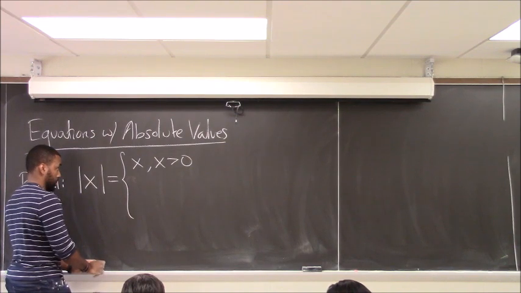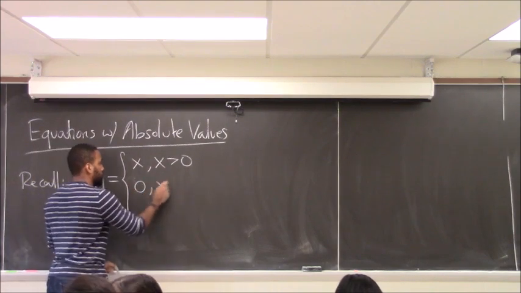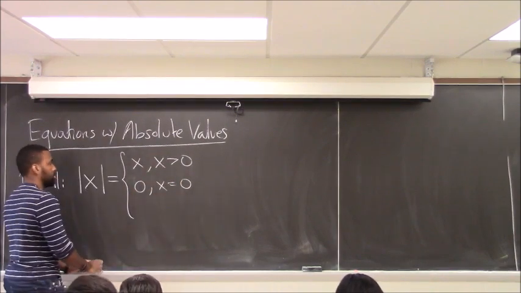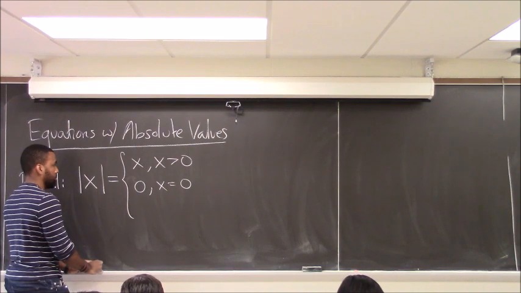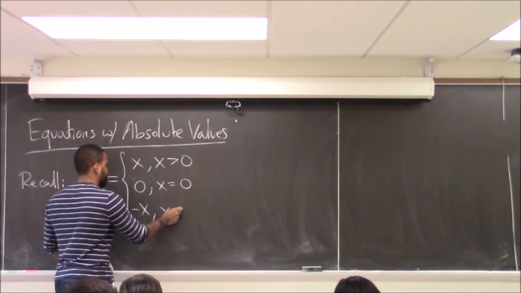Then it's equal to 0 when x is 0. And the last line: it's equal to negative x when x is less than 0. So when x is negative, it's positive. It's positive on both sides.